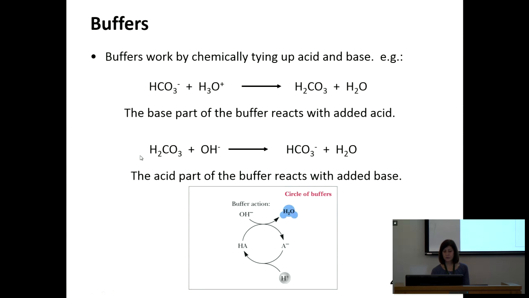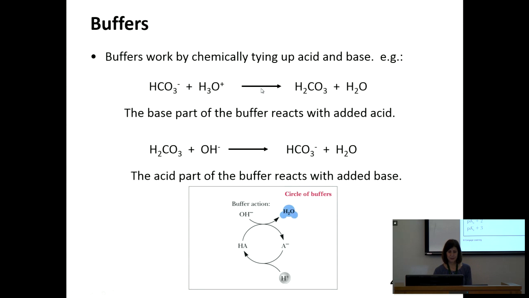So all you're going to do is take your different buffer and write these equations down. I tell people every year that I'm going to do that, and about 20% of the people don't do it. So if you don't understand this, please come see me, because it will be a question, and I'd love to help you out.